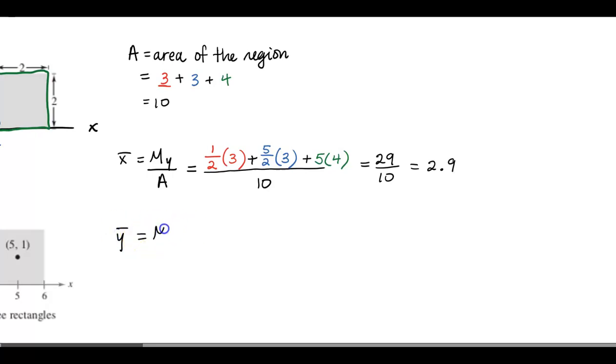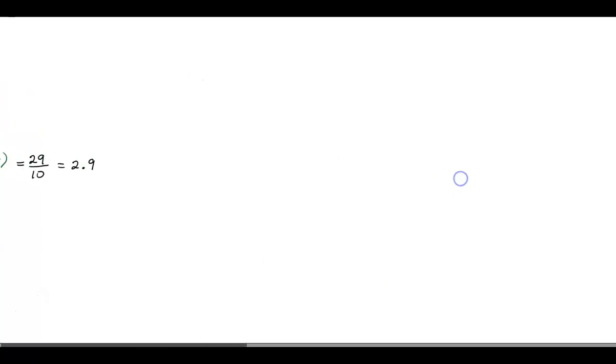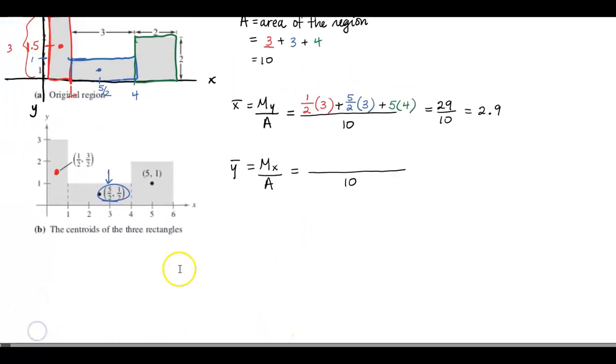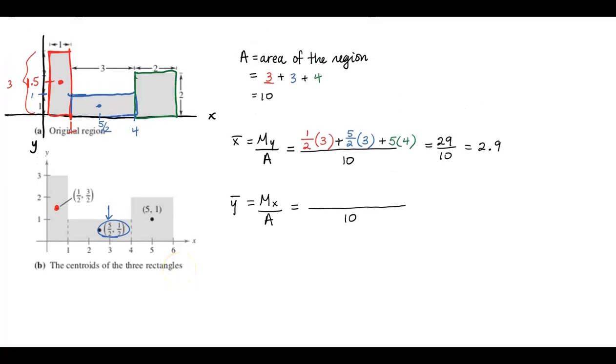In a similar fashion, I will calculate the y-coordinate of the centroid for the entire region by calculating the moment about the x-axis for each one of these individual pieces. So starting with the red region, we're going to take the y-coordinate of its centroid, which is 3/2, multiply it by the area of the red region.